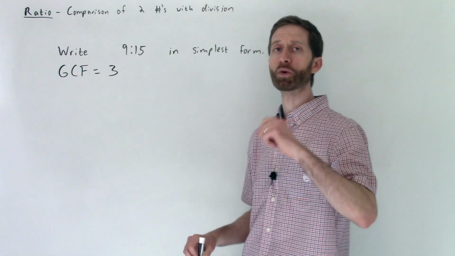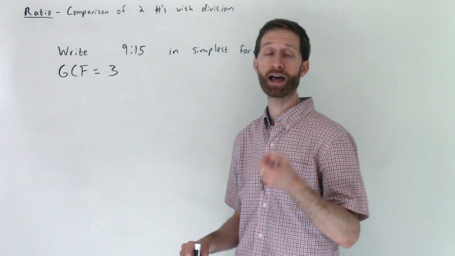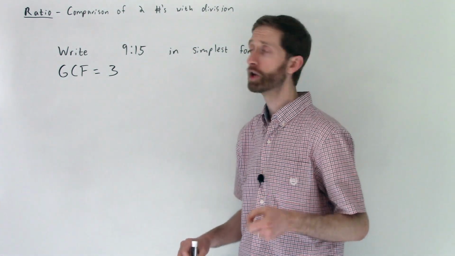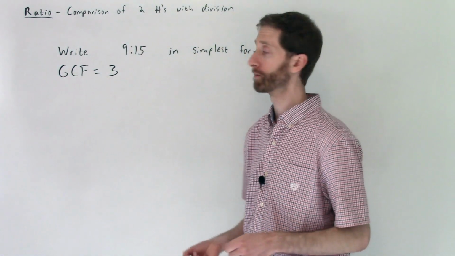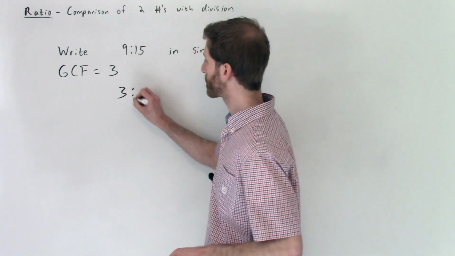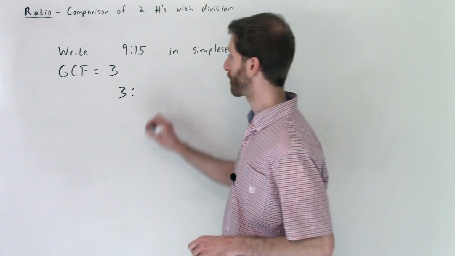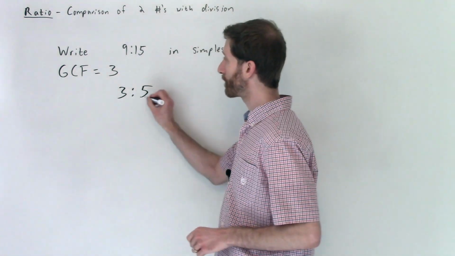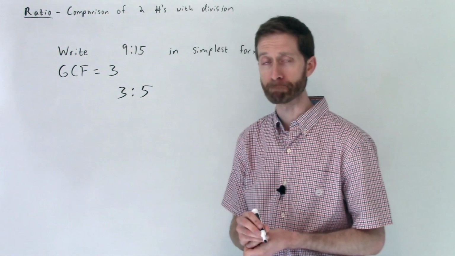So if we reduce both sides of the ratio by the same exact value, dividing by 3, we're going to get an equivalent ratio. So I'm going to divide 9 by 3 and we get 3. And I'll divide 15 by 3 and we get 5. So the ratio of 3 to 5 is equivalent to 9 to 15.